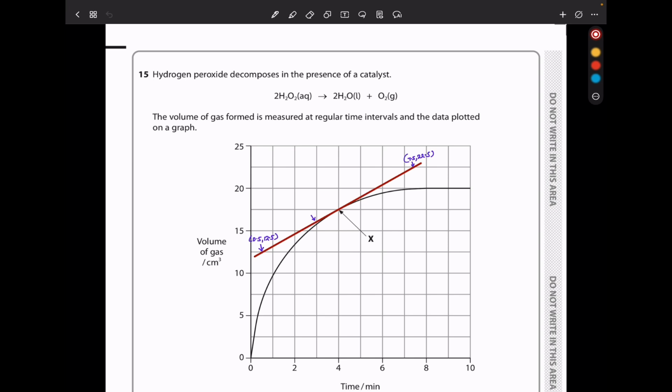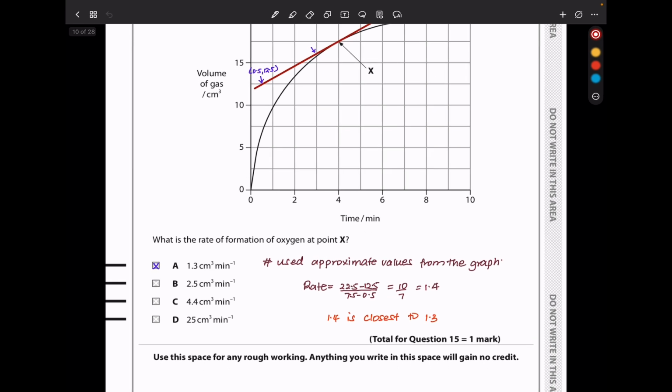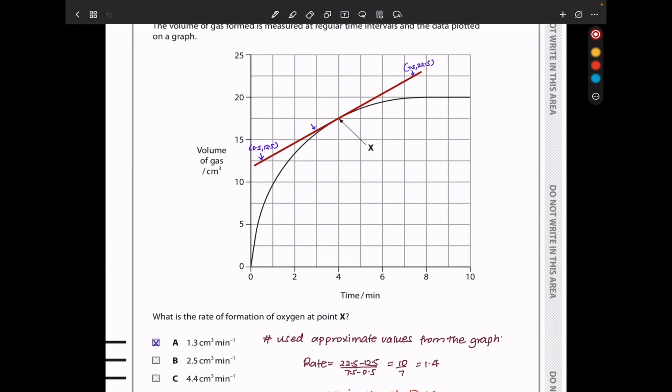In question 15, hydrogen peroxide decomposes in the presence of a catalyst. This is the equation for the decomposition. They say the volume of gas formed is measured at regular time intervals and the data plotted on a graph. So that is the graph. Down here they say what is the rate of formation of oxygen at point X. If they want you to find the rate at point X, you need to draw a tangent to the curve at point X and then find the gradient of that tangent.